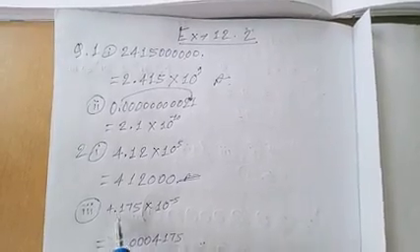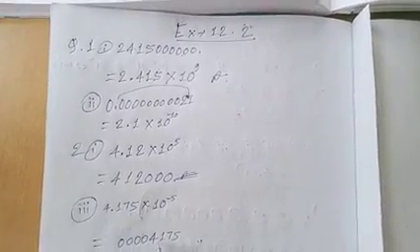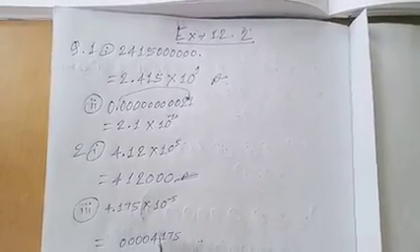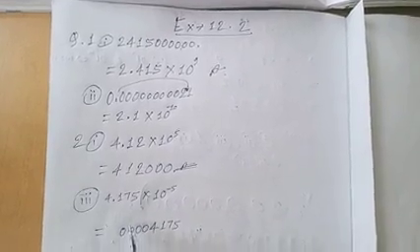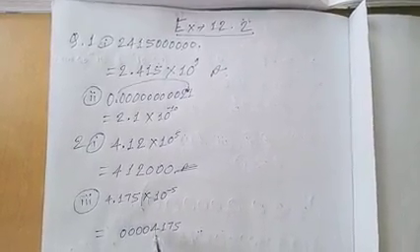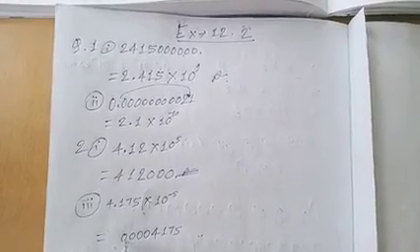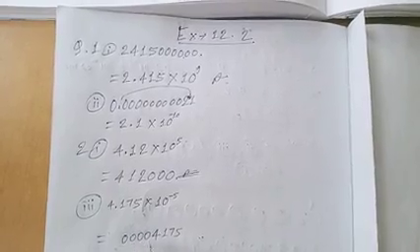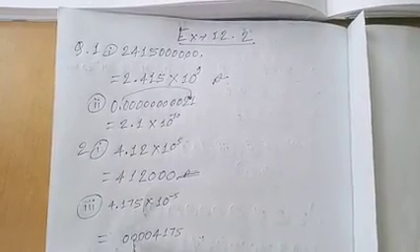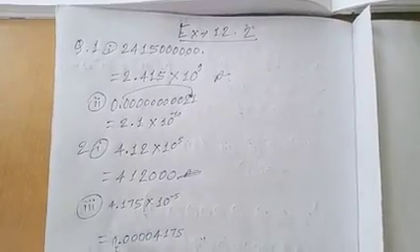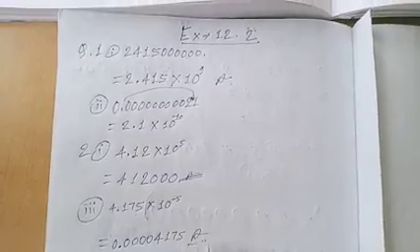You can see the decimal point was here after 4. Now you will have to shift it to the left side by 5 places. So there should be 5 digits, but we have only 1 digit. That's why we have added 4 zeros. 1 2 3 4 5. Now the decimal will come here, and then what you get will be the usual form.